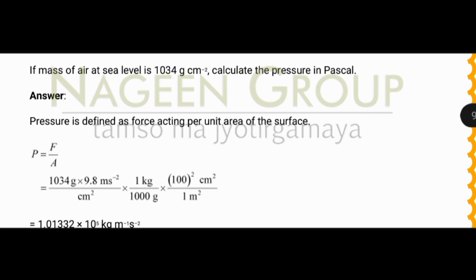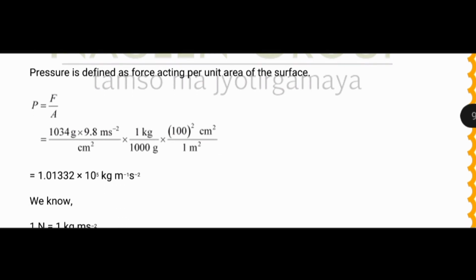So the mass is 1034 gram and it is converted into kg, so you have to divide it by 1000. The area is in centimeter square, but area should be in meter square, so you divide it by 100 squared.